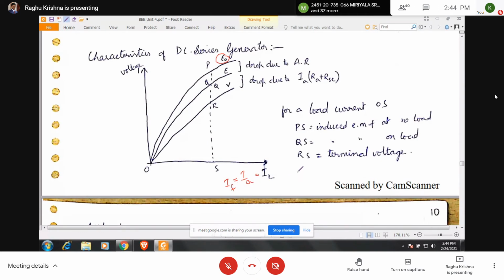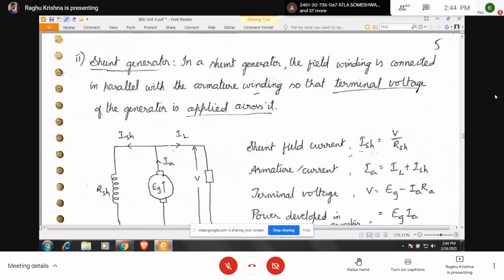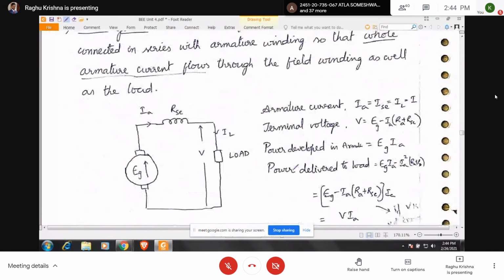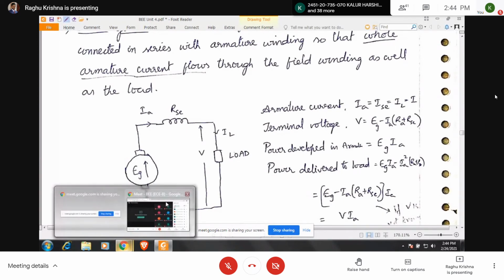Let me show the diagram also. Are you able to see the series generator? Please respond.